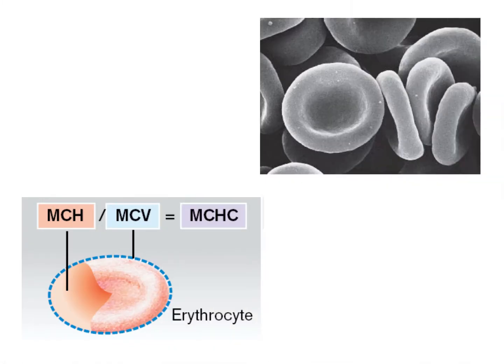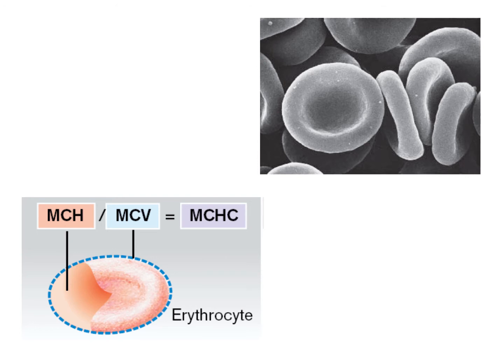And this diagram shows at the bottom that the blue dots denote the mean corpuscular volume. However, this triangular part on the left inside the cell represents the MCH.